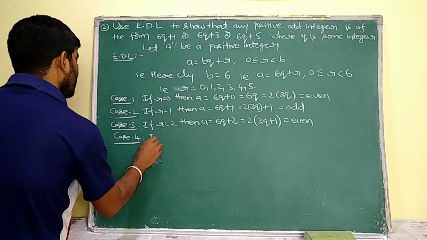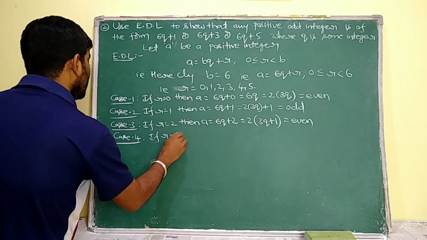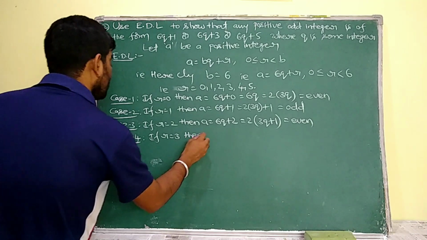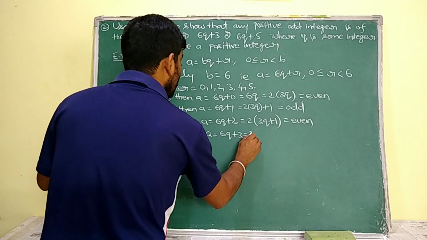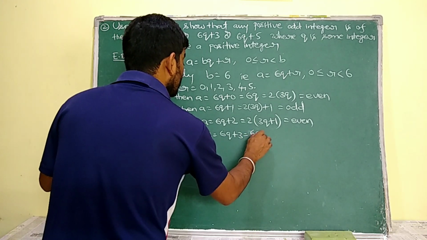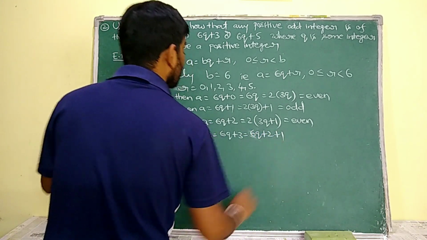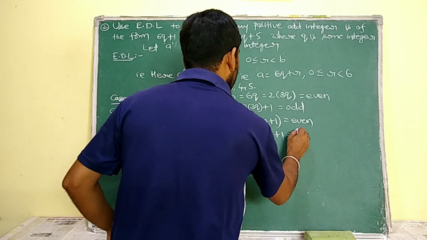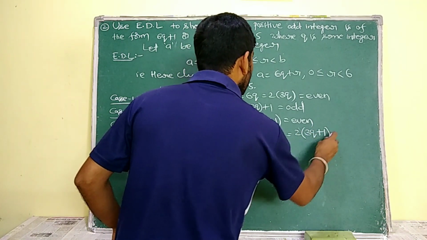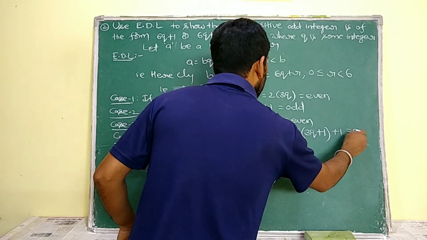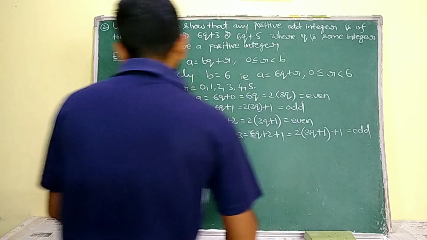Case 4: if R is equal to 3, then A is equal to 6q plus 3. This can be expressed as 6q plus 2 plus 1. From 6q plus 2 I take out 2 common, then that is 2 into 3q plus 1, plus 1, which is odd.